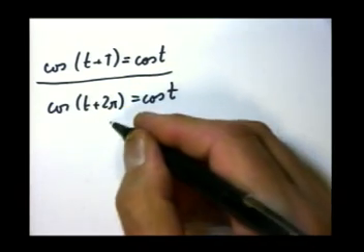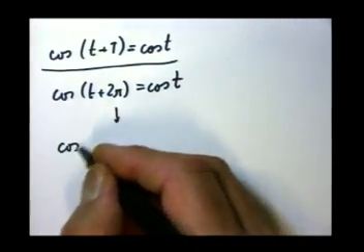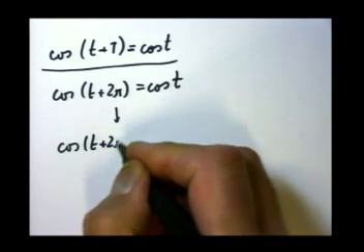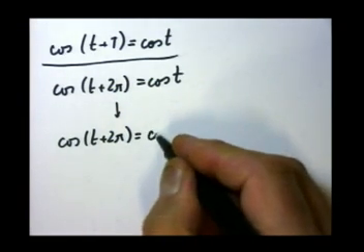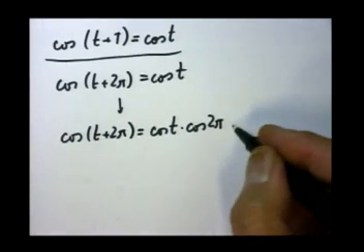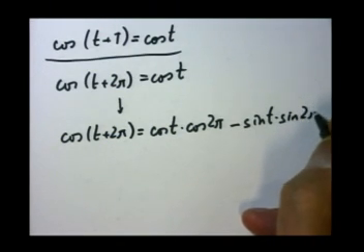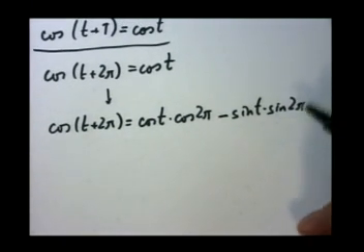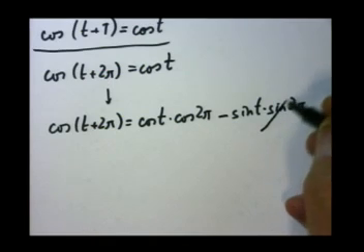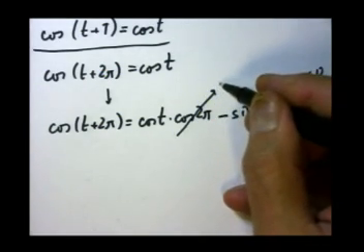Let us consider this. This is cosine of a sum. Cosine of t plus 2 pi equals cosine t times cosine 2 pi minus sine t times sine 2 pi. Now, sine of 2 pi equals 0 and cosine of 2 pi equals 1.